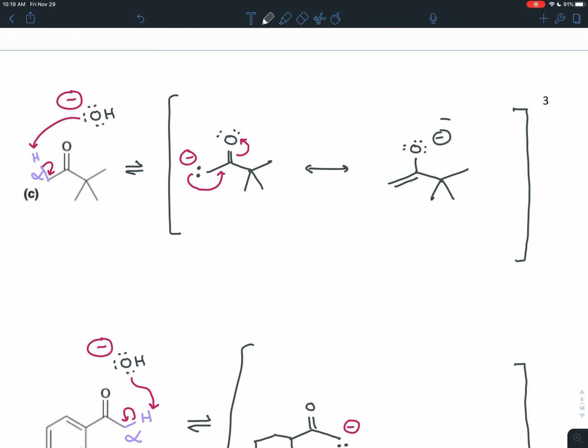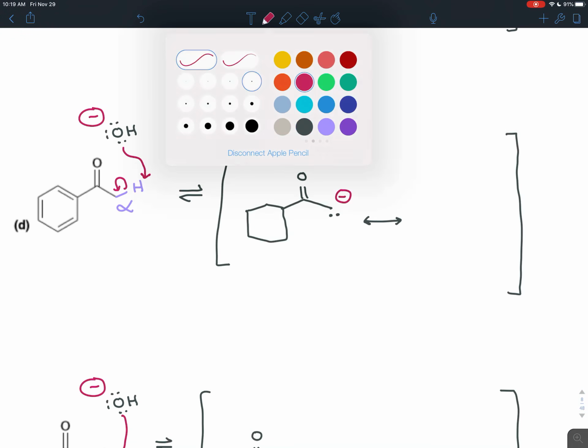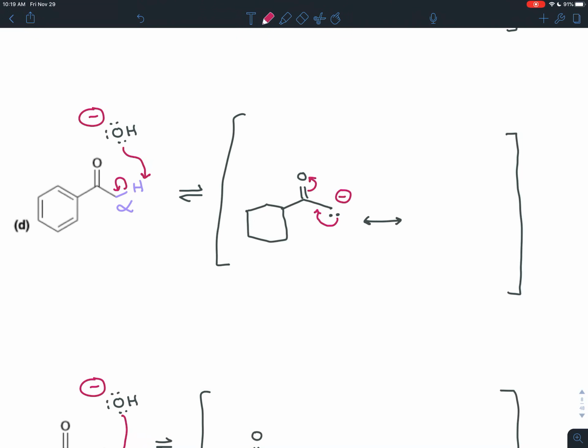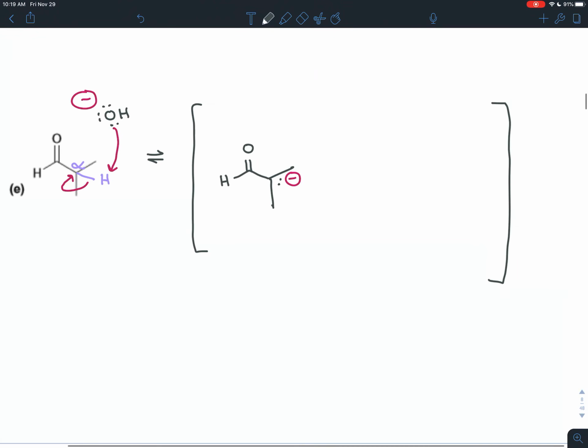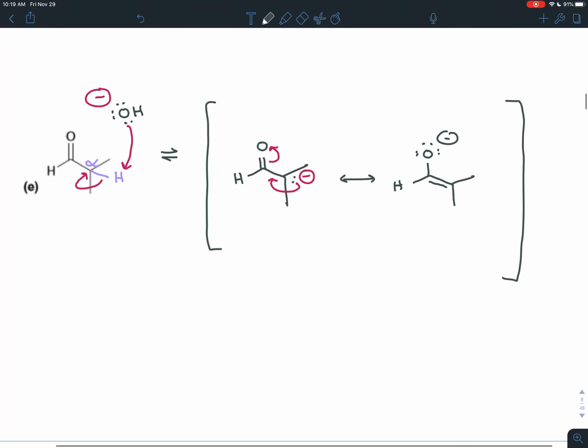And so you have your enolate. And notice this happens with an aldehyde just as well as with a ketone.